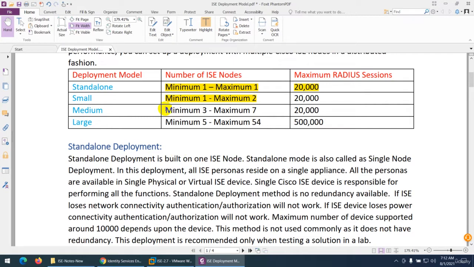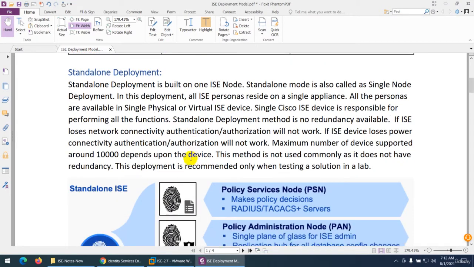And medium, minimum three and maximum up to 7. And large deployment, we have minimum 5 and maximum up to 54 ISE nodes. So as I told you, let's discuss all of these one by one.